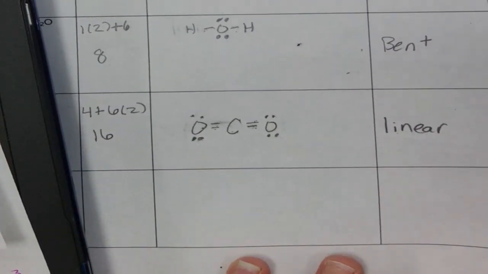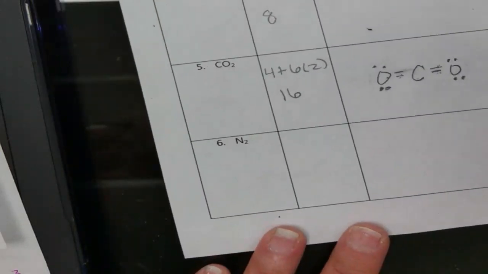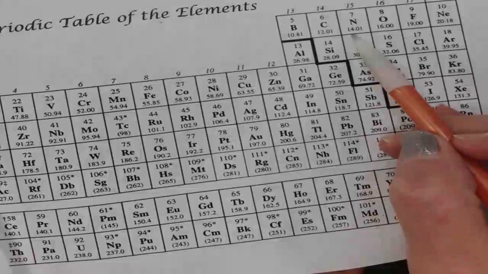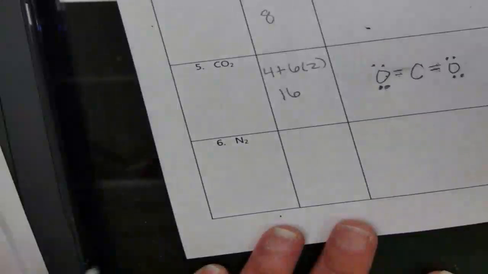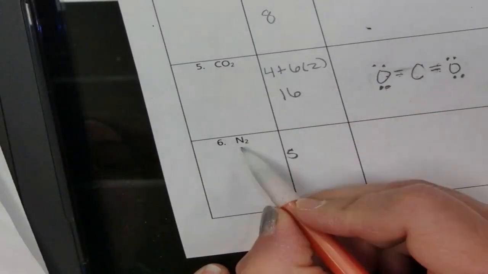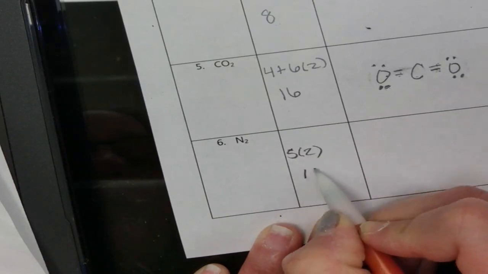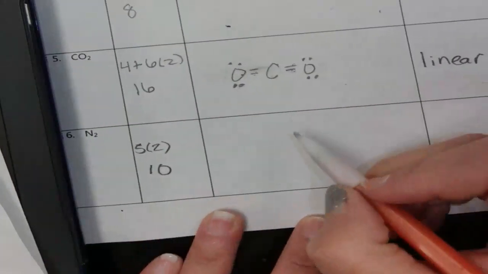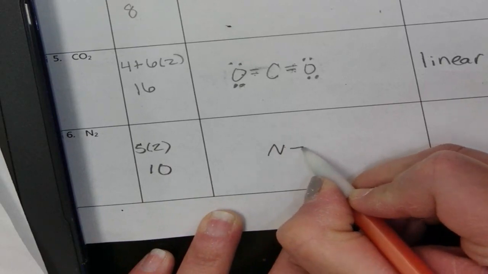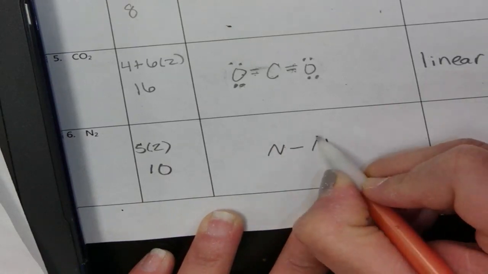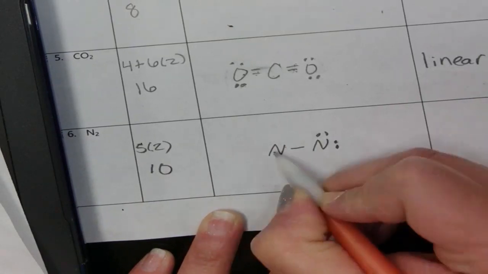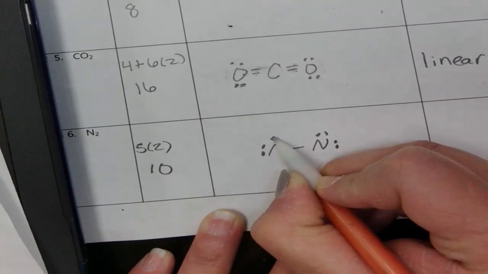All right. What about nitrogen? Nitrogen has 5 valence electrons. There are 2 nitrogens, so that's a total of 10. So here we go. 2, 4, 6, 8, 10.